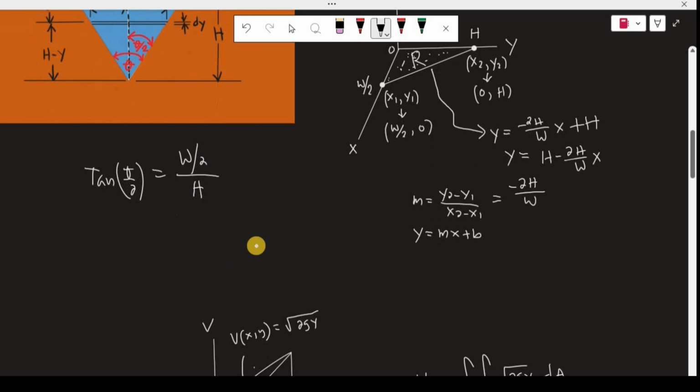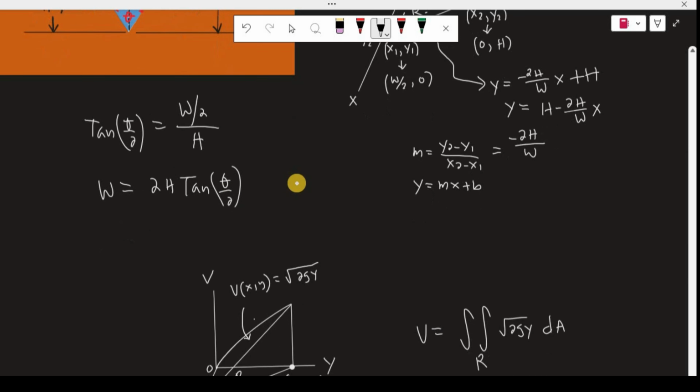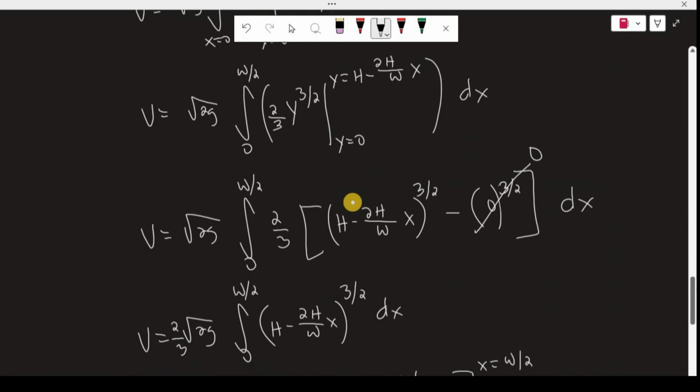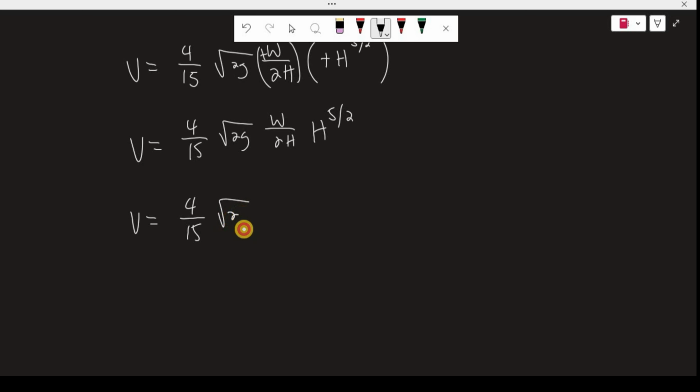In other words, our w is equal to 2h tangent theta over 2, which we can substitute here. So the V equals 4 over 15 square root of 2g. Our w is 2h tangent theta over 2 over 2h h to the 5 halves.